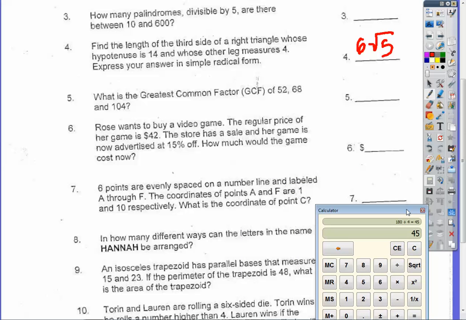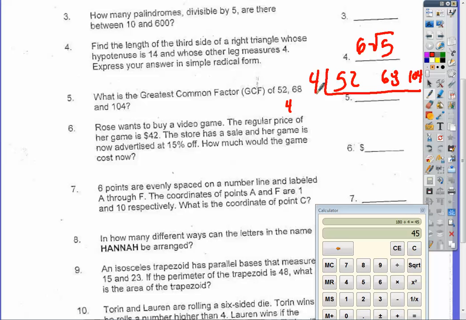Alright. What is the greatest common factor of 52, 68, and 104? So I know 4 goes into those. But the best way to do this is to write 52, 68, 104.